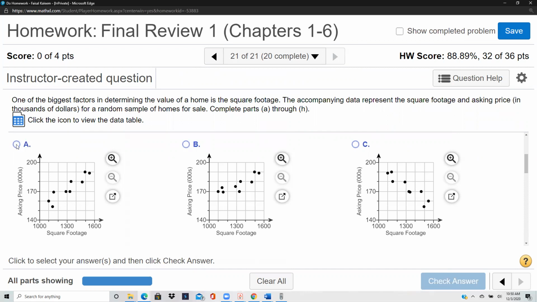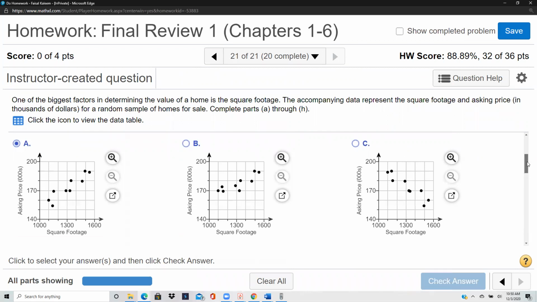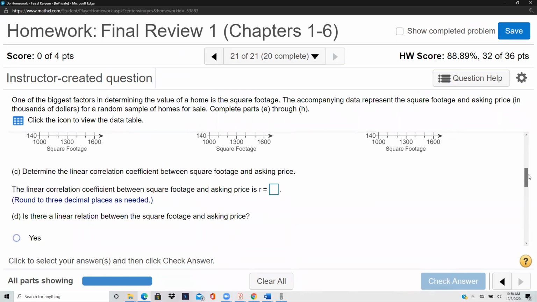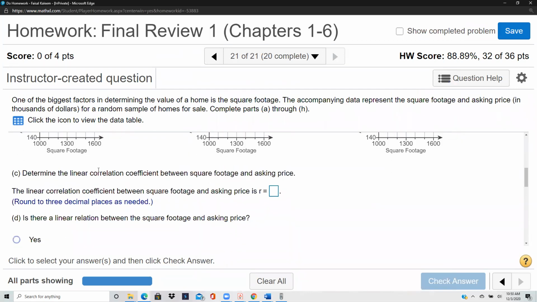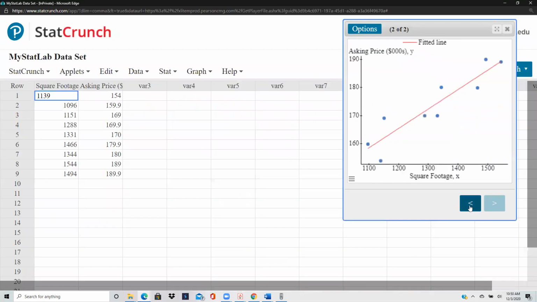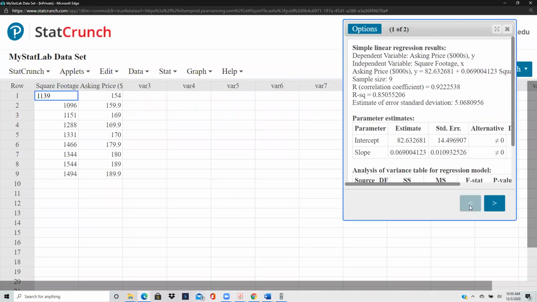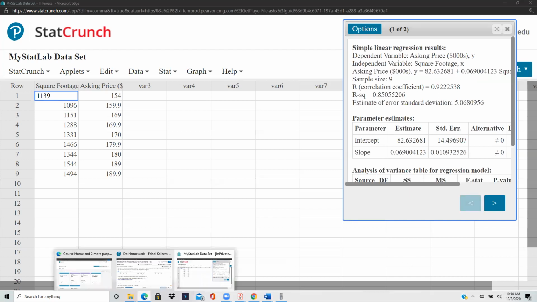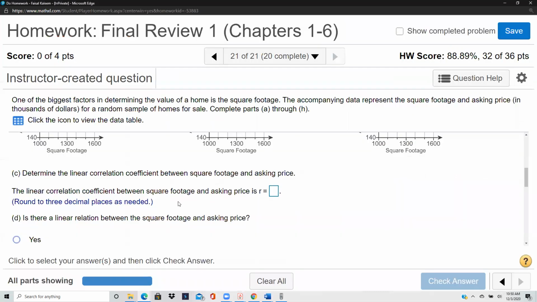Yes, that's what it looks like. And then the correlation coefficient R, which one is that? It's going to be that R. Yeah, that 0.922. Okay, 0.92.